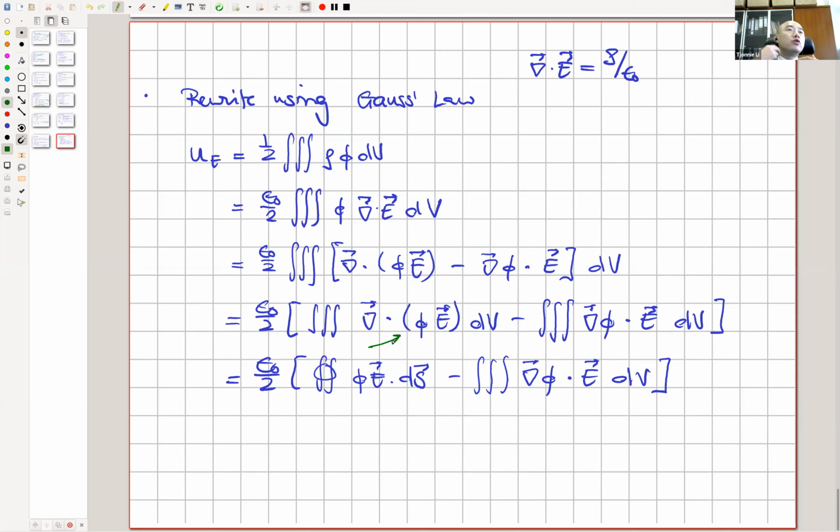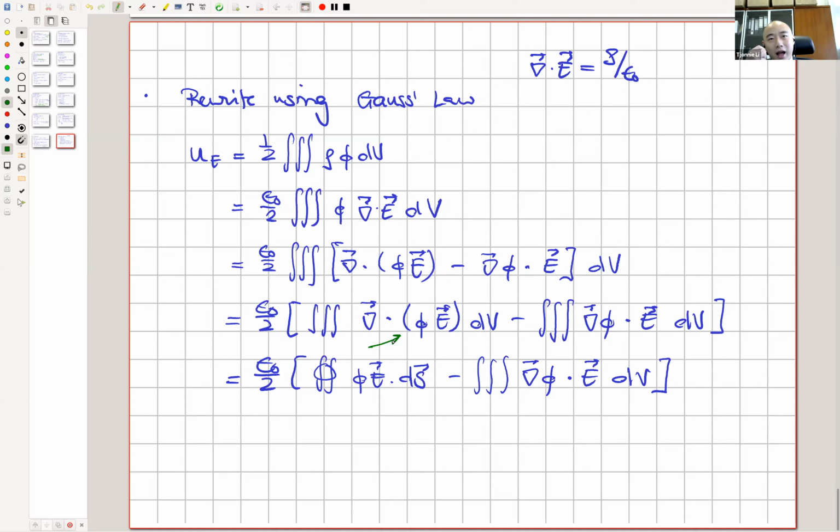If I make this volume very, very large, it doesn't matter, right? Outside of a particular volume, the field is equal to zero. So I only have to consider elements where the fields are non-zero, but I can integrate this volume to anywhere that I want.